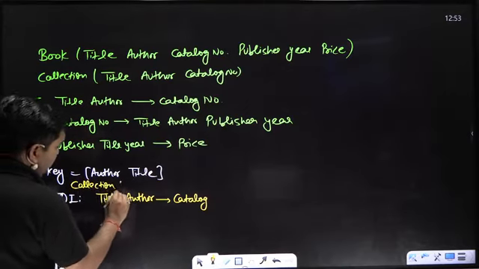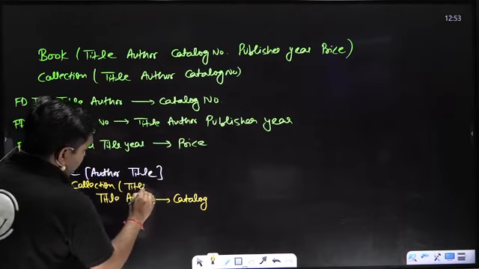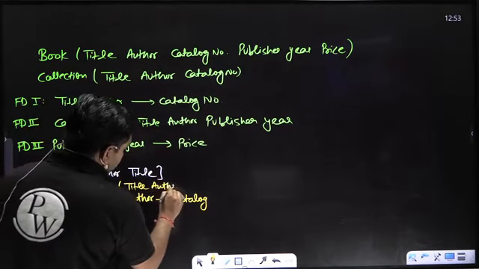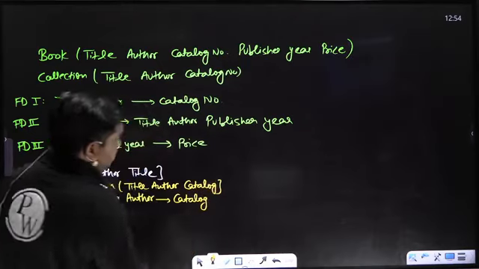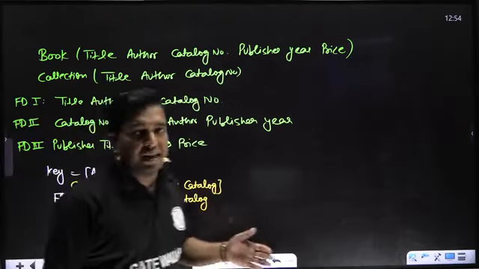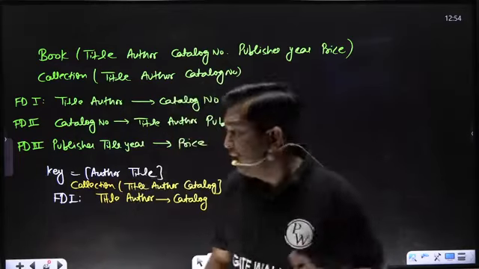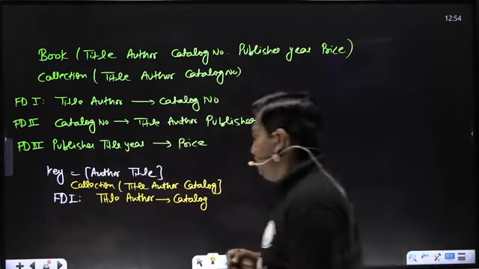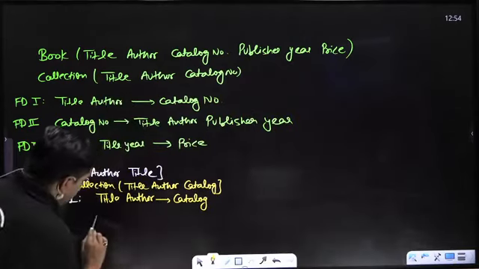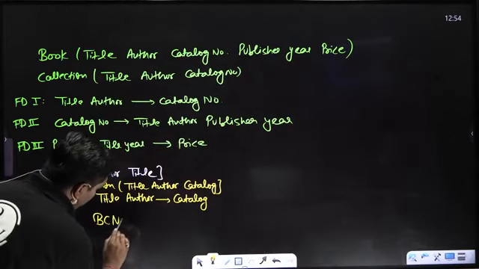In the collection schema, we have only three things: title, author, and catalog. So here you can see title, author, and catalog. It is in BCNF. Why?